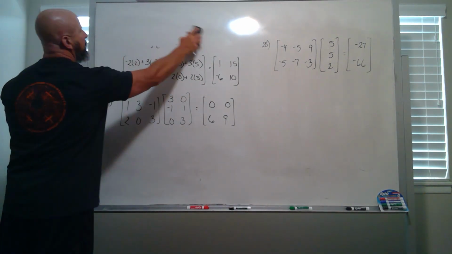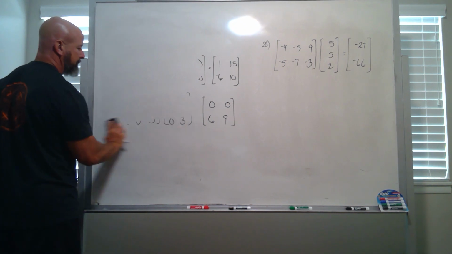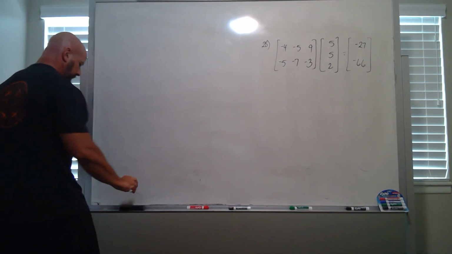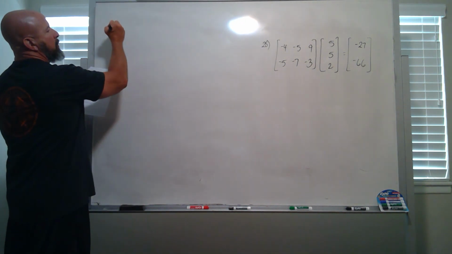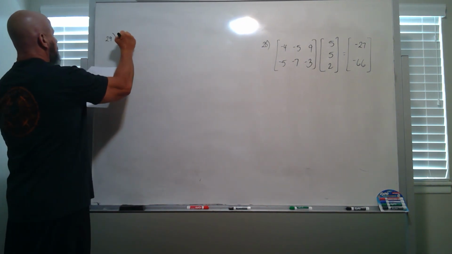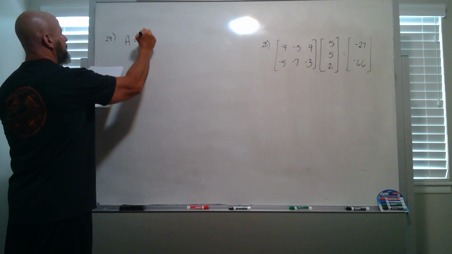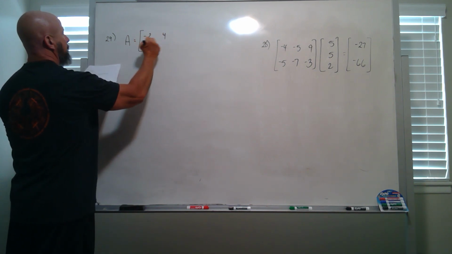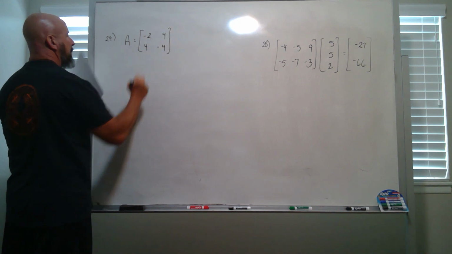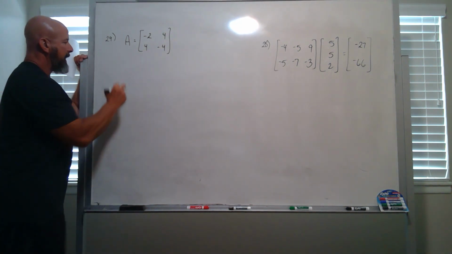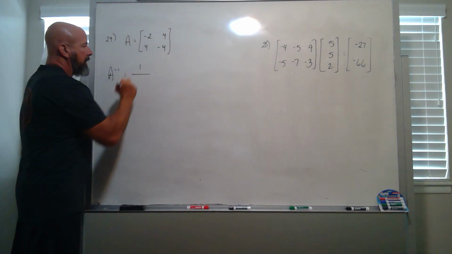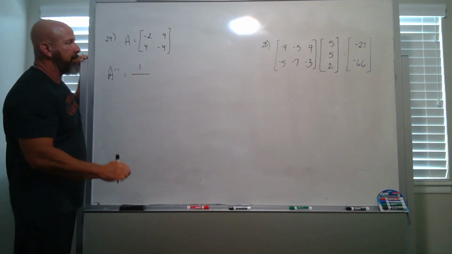Inverse of a 2 by 2. So for 29, I'm just going to call it A. A would be negative 2, 4, 4, negative 4. Right? So A inverse would be 1 divided by the determinant.